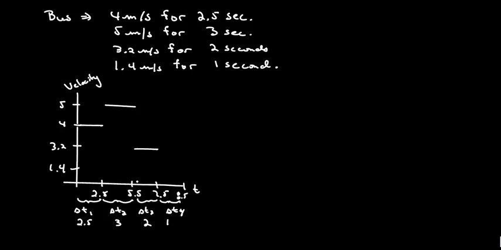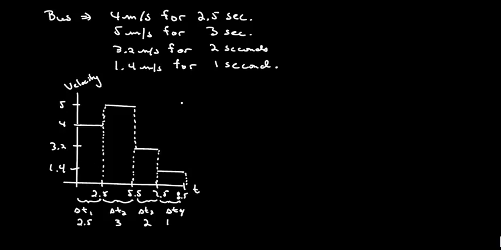Now, that one has a height value, so we'll put its height value in there, just like that. What we're doing is taking this and dividing it up into little rectangles. Why are we doing that?